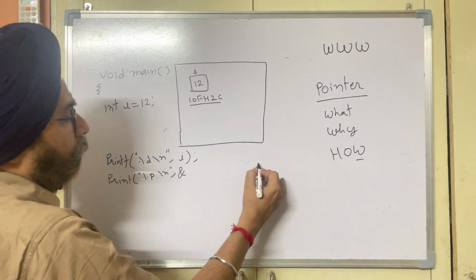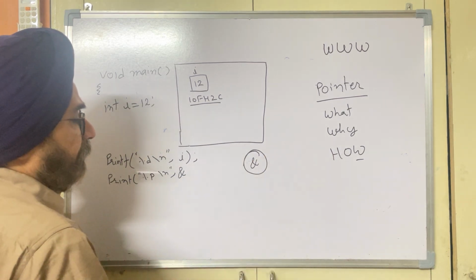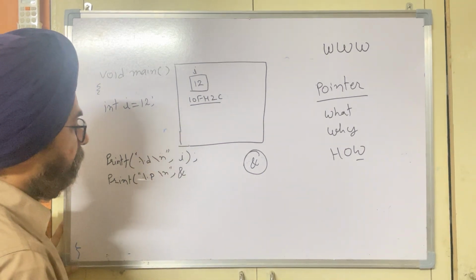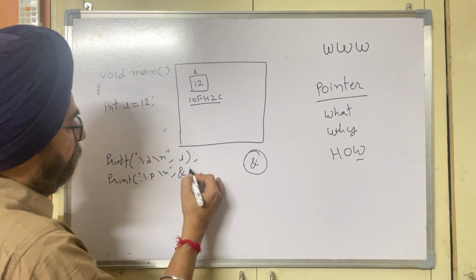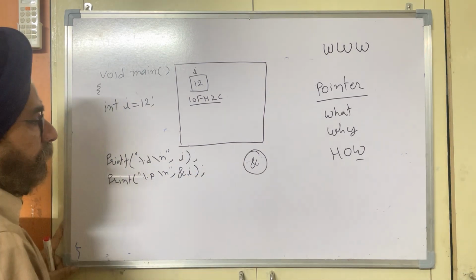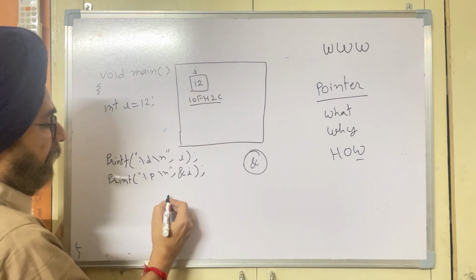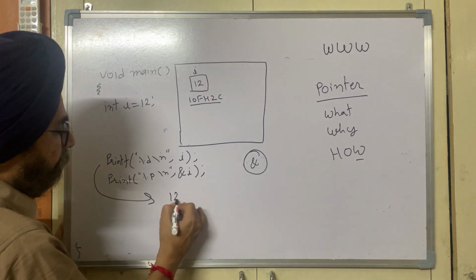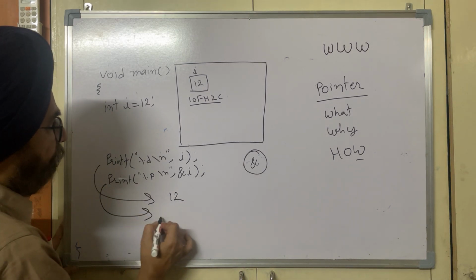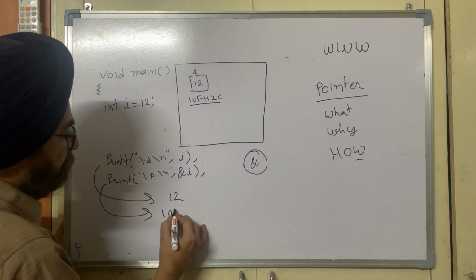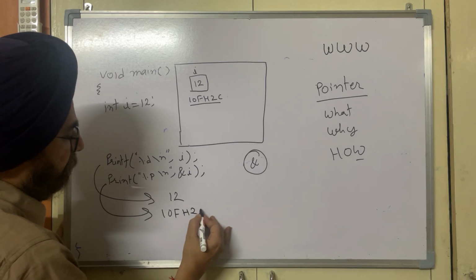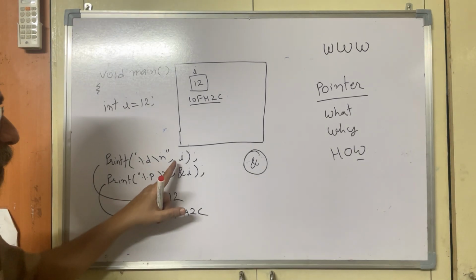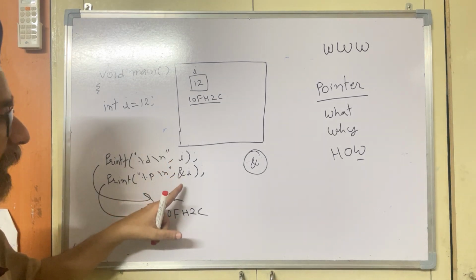We should know that it plays a very important role in pointers, remember, and we put the variable name I. In such a way it will first show I as 12, and the address of it is 10fh2c. So we can display the I value and the address of it.